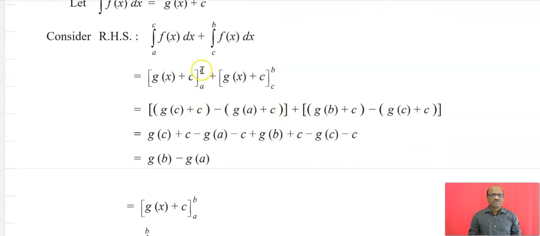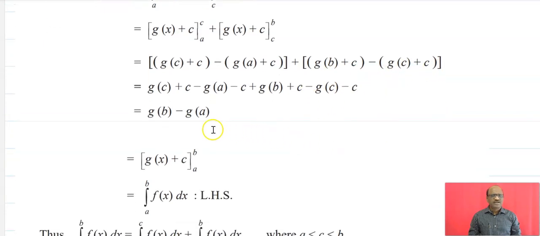Substitute the values. Upper limit, that is c: x is replaced by c, that is g of c plus c minus g of a plus c, closed bracket, plus again upper limit g of b plus c minus g of c plus c. Open the bracket and then plus c and minus c get cancelled, and plus c and minus c get cancelled.